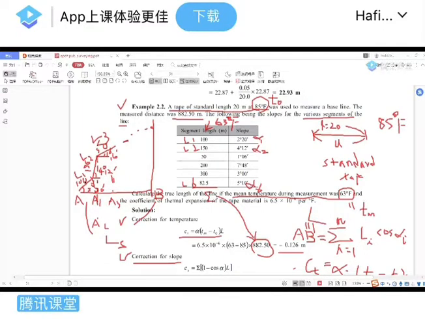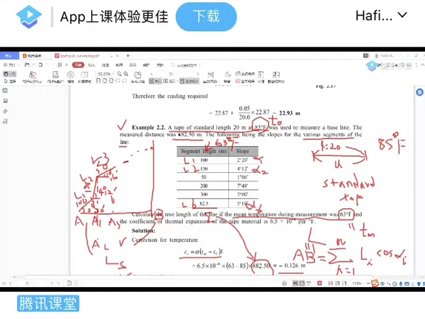The standard one is 85 degrees, and now you are using the mean one. Temperature is 63, so it is shorter. You are using something shorter, so it means that you overestimate the real distance in comparison to the standard.